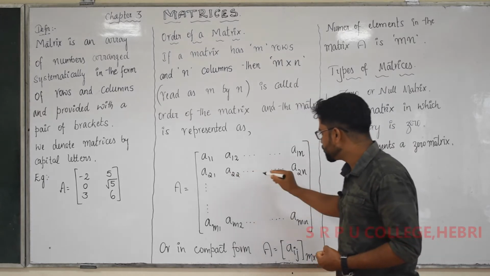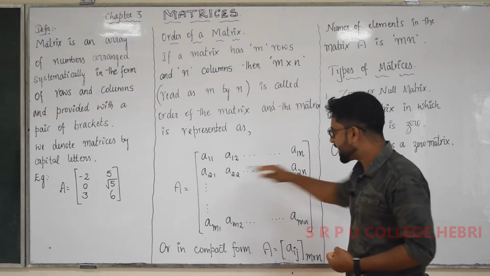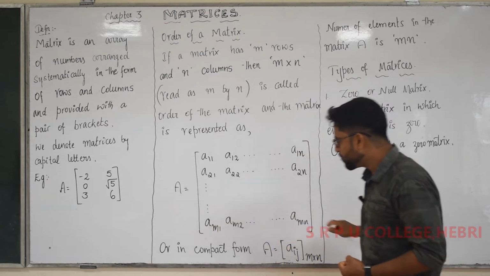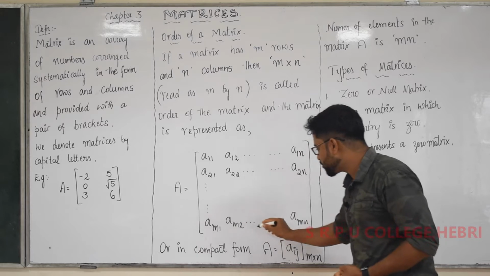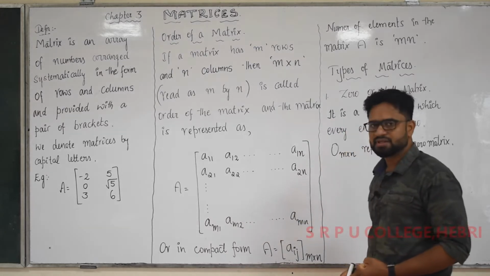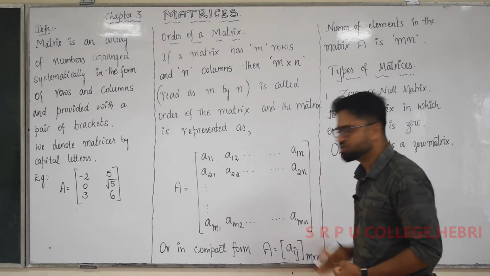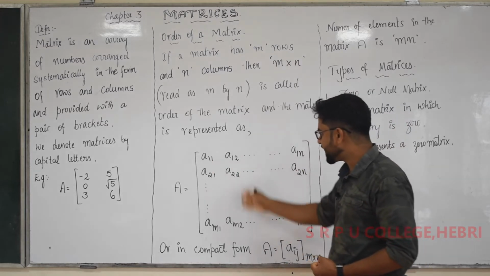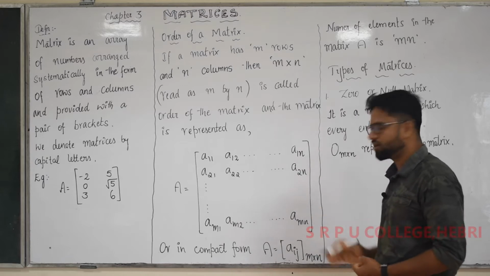A21, A22, and so on up to A2n, the second row, third row, fourth row, and so on. The mth row will be Am1, Am2, and so on up to Amn. Here there are a total of m rows and n columns: first column, second column, and so on up to the nth column.